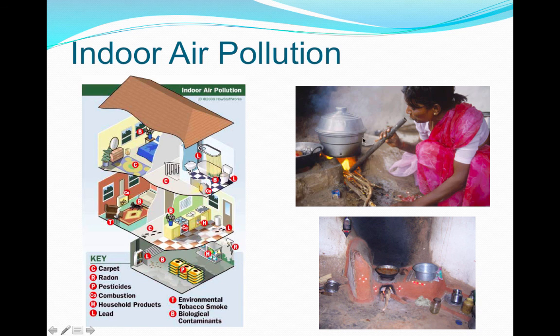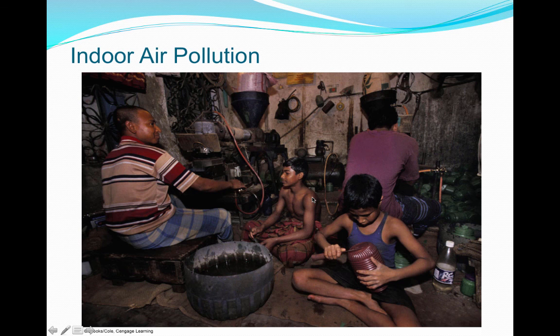There are new stoves that burn cleaner and actually use less wood, solar cookers, individual solar panels, so they can start cooking off of electricity. So there are lots of ways of reducing this that are not only better for human health, but also better for the environment.